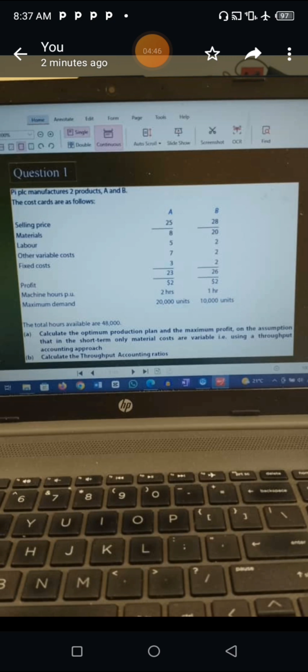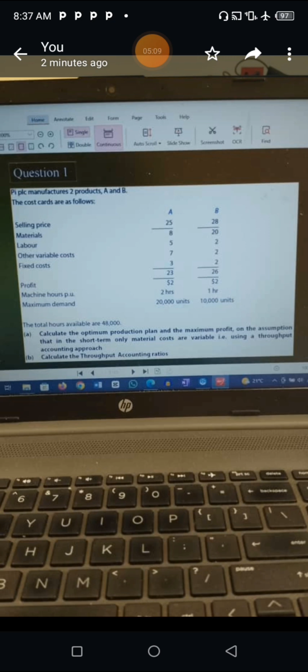So if materials are the only costs which are variable, therefore in the back of your mind, you need to realize that you are now being drawn to the concept of throughput accounting, because it is only in throughput accounting where materials are considered variable and the rest of the costs are considered fixed costs.